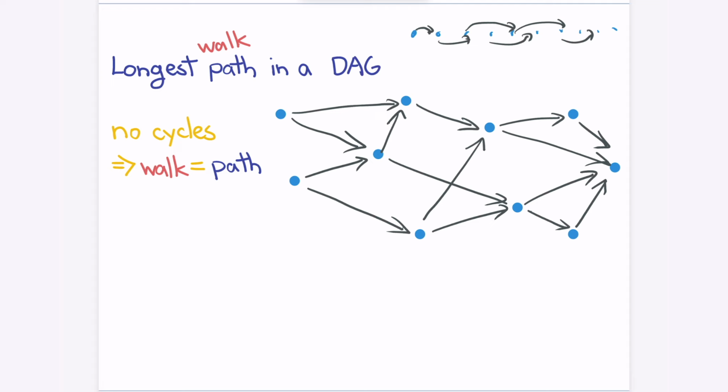But you said we should run BFS from the sources and get distances to everyone else. So like take this leftmost vertex, I'll run BFS, I'll try to find the shortest path to every other vertex, right? But that means if you have an edge like this, say you have lots of edges in between or something. So the longest path will be going through a lot of vertices. Okay, some kind of dynamic program, or yeah.